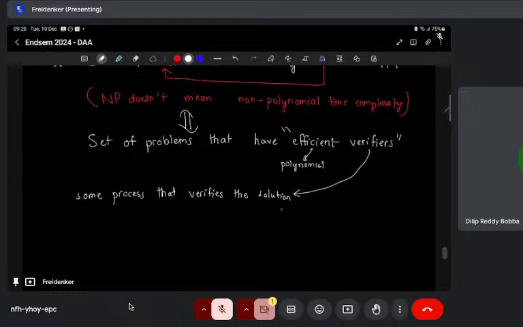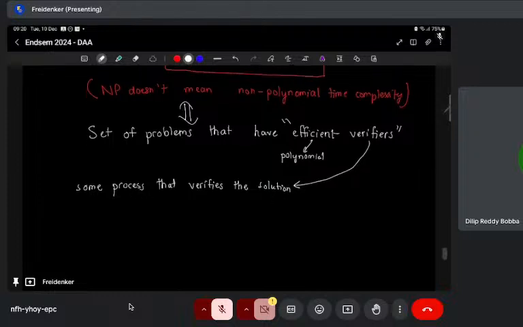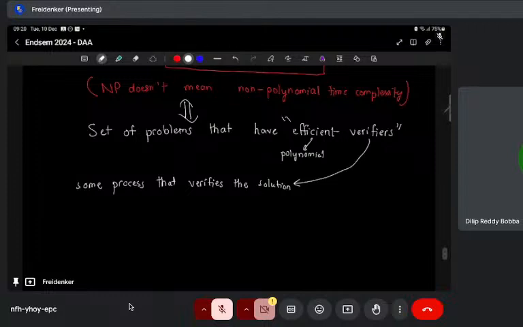So what does an efficient verifier mean? It means you're doing some process that verifies the solution in polynomial time. So what does it mean when I say the set of problems that have efficient verifiers?